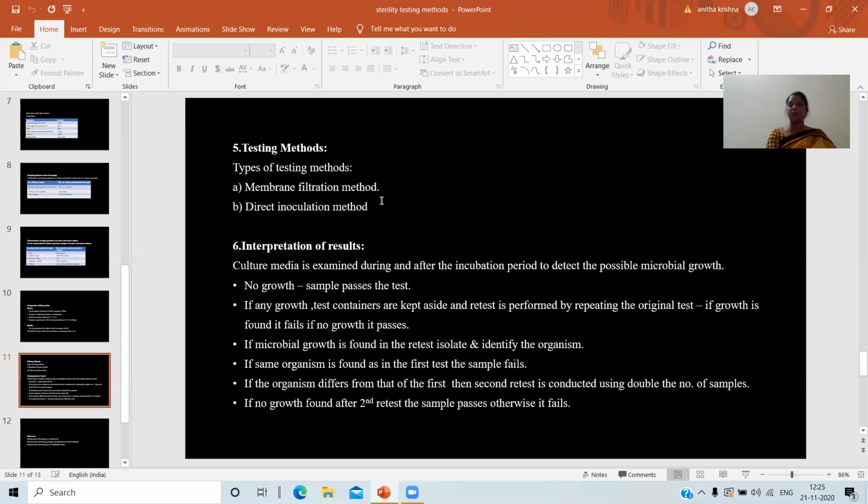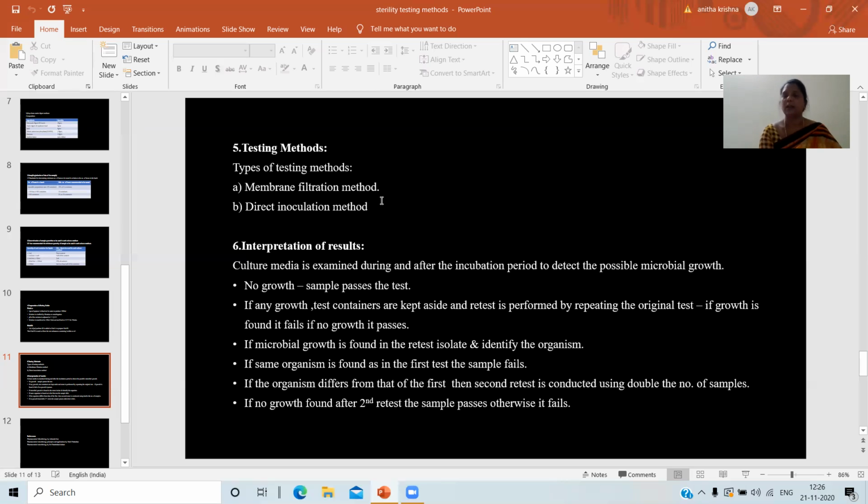Now after incubation, after 14 days, you have to read the results. How you interpret the results is very, very important. Talking about the reading of the results, there are different steps. First, if there is no growth, then we can easily say that the product is sterile and has passed the test.